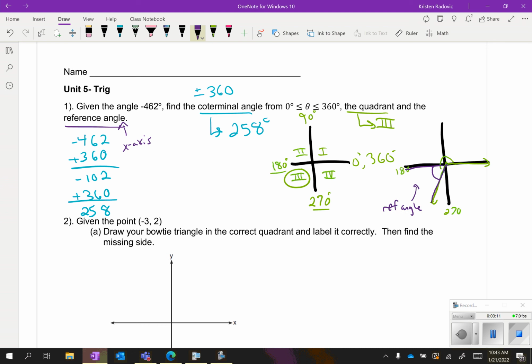So we are at 258, and I'm comparing it to 180. 258 minus 180 is going to give you the value of your reference angle. So that's going to be 78 degrees.